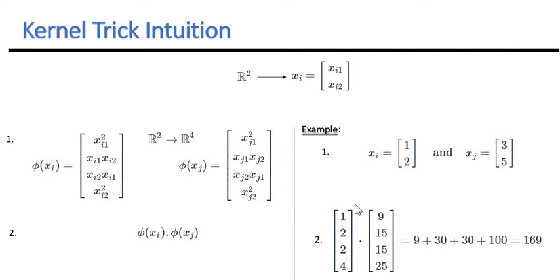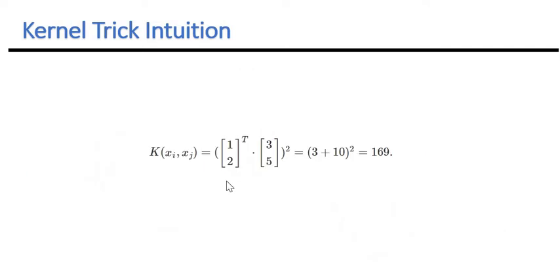And here is where the kernel trick actually comes in. Because as you can see here, we tackled the same challenge, but in a different way. We were able to project the 2 points from each other while being in the same dimensional space.